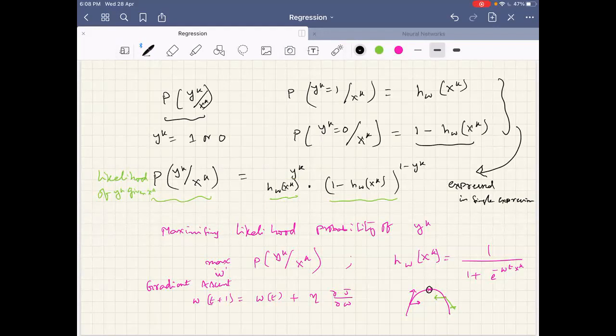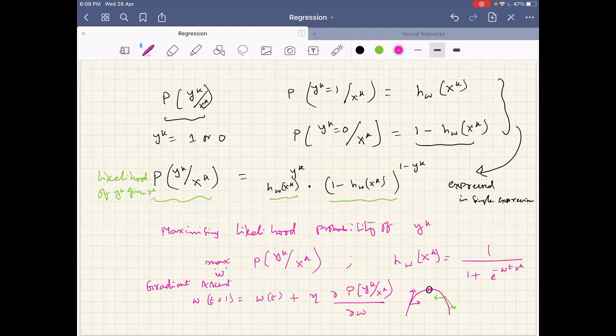So instead of J here, what we have in this formulation is p of yk given xk. Let us see how we optimize this. To optimize this, what we need to find is dou p of yk given xk by dou w.